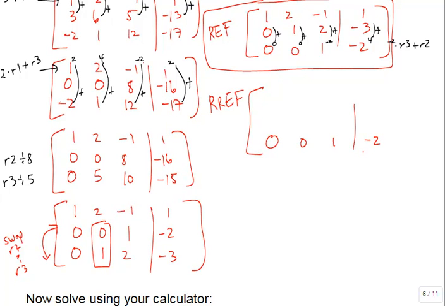We don't want to lose that 1. But now in the middle, this becomes 0 plus 0 is 0. 0 plus 1 stays 1. Negative 2 plus 2 is 0. And 4 plus that negative 3 becomes a 1. And I haven't done anything to row 1 yet.